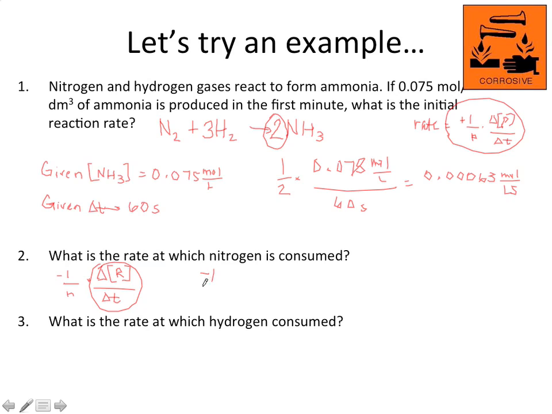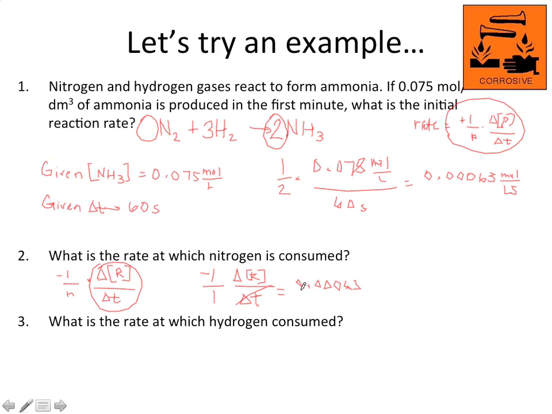I've got a negative 1 over, well, nitrogen just has 1 as its coefficient. Its molar coefficient is 1, so negative 1 over 1 times my rate, the delta concentration of R over delta T, is going to be equal to 0.00063.